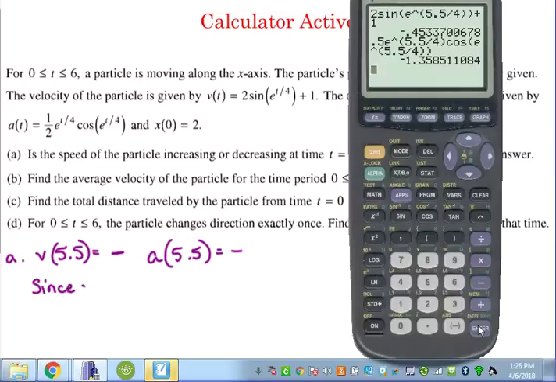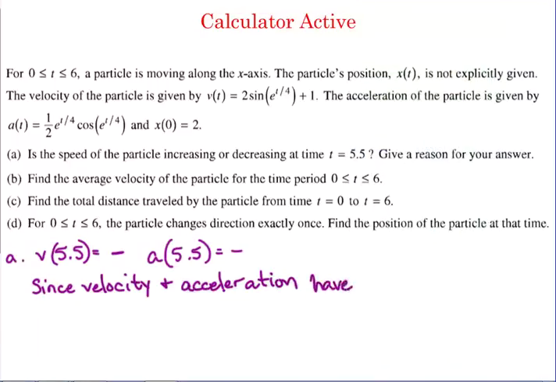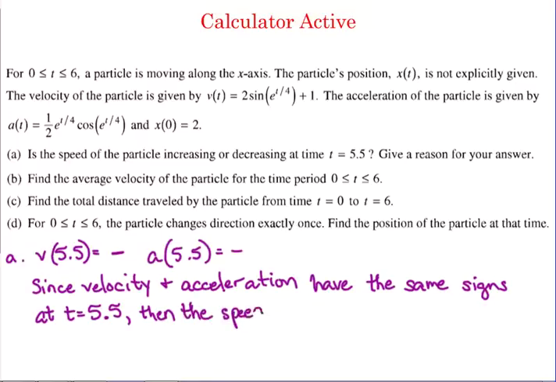Since velocity and acceleration have the same signs, at t equals 5.5, because it's not always, but at this particular time they do, then the speed of the particle is increasing at that time.